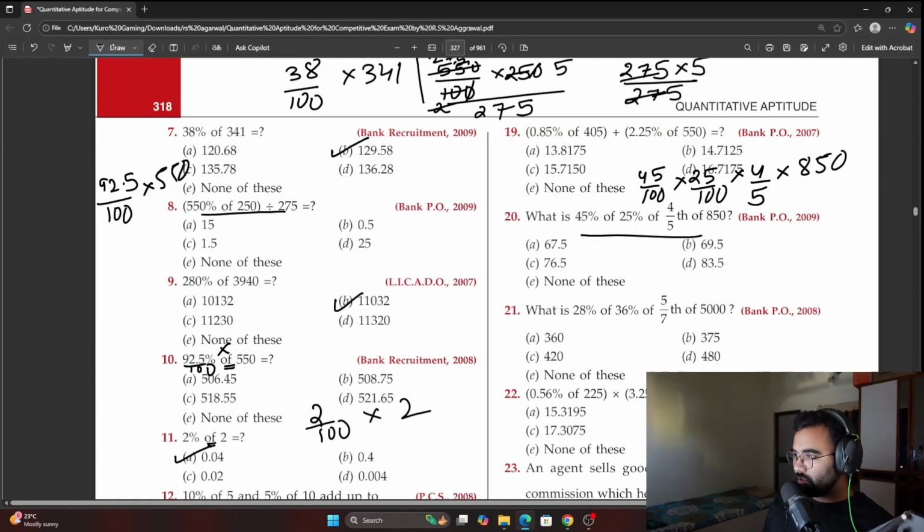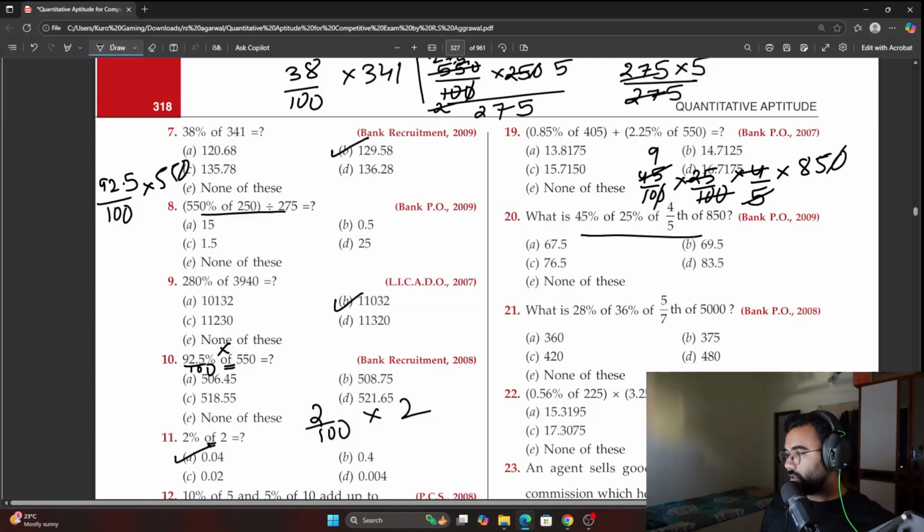All you must do is simply just do this calculation. 25 4s are 100, so that is gone. 5 9s are 45. So now I'll not do anything with this 10 because it will simply just help me with the decimal. Sometimes you also have to be a little bit smart with the calculations.